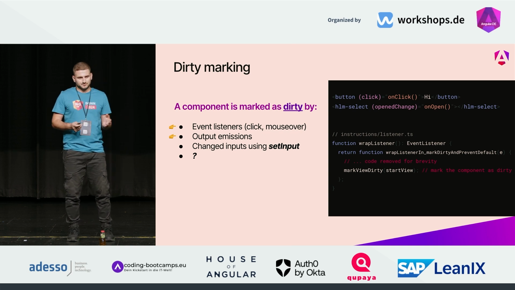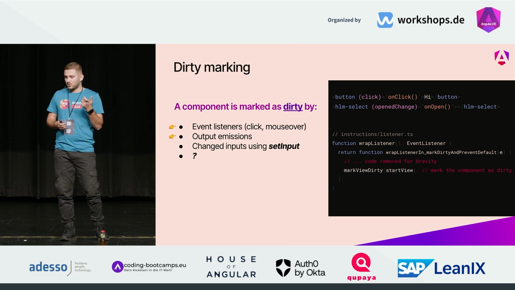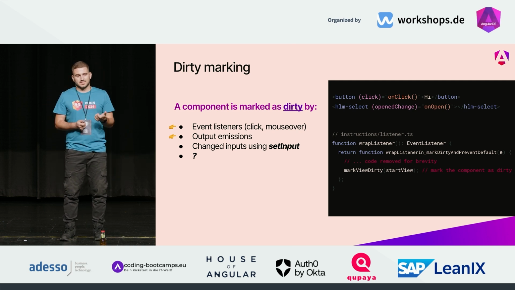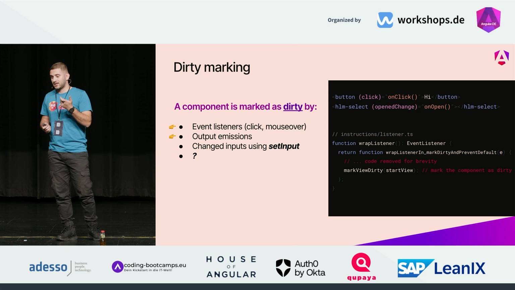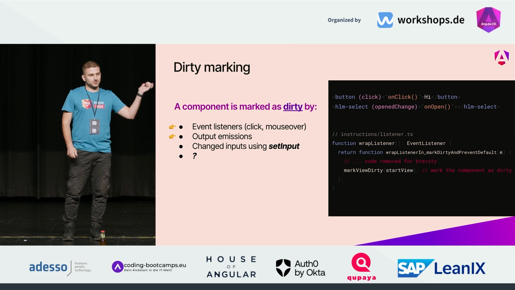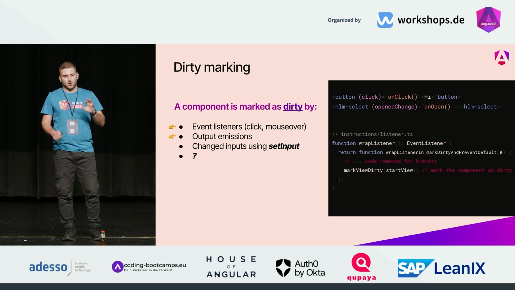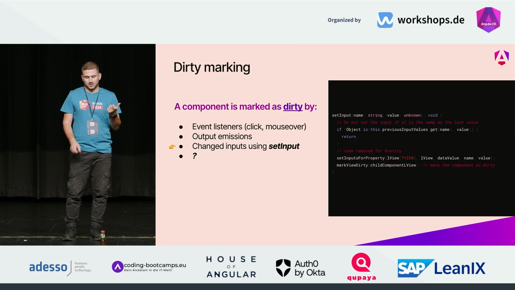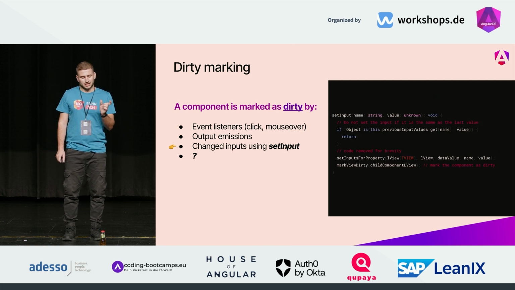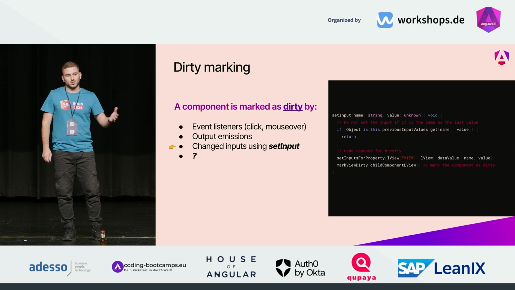If we look at the internal code, Angular has this method called wrap listener, and inside of it has wrap listener, mark dirty, and prevent default. What that will do is call the mark view dirty function every time we have a click or an event on the template. Then we have changed inputs, so when we use component ref.set input, that will also call mark view dirty.